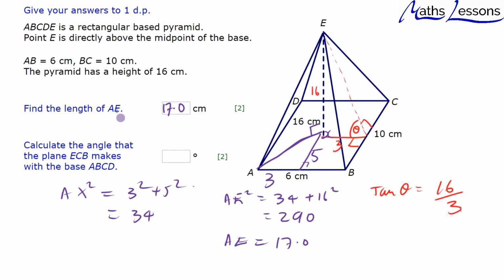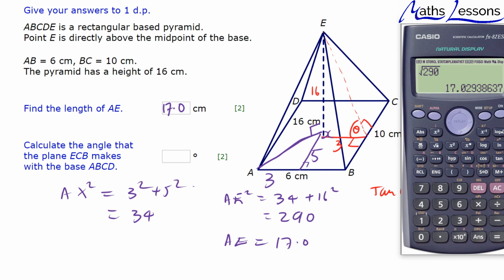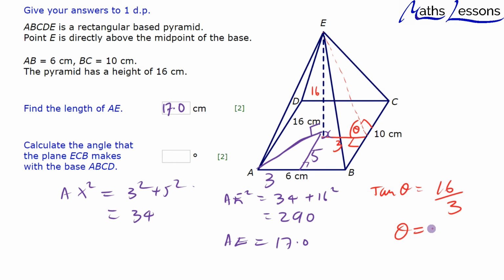Grab our calculators, and do 16 divided by 3 equals, shift tan of that answer. And we get 79.38 degrees. To 1 decimal place, we'll round up and make that 79.4 degrees. And that's all for today.